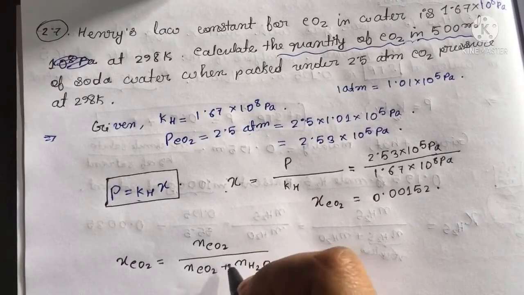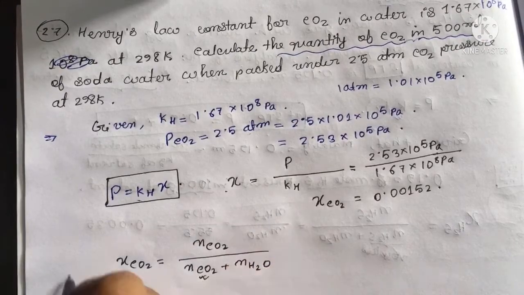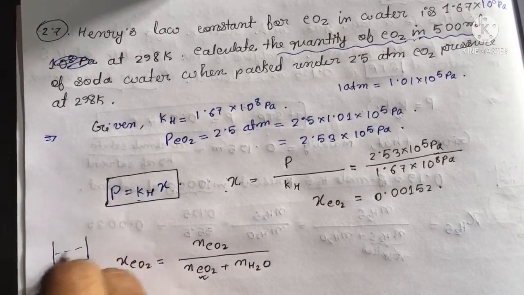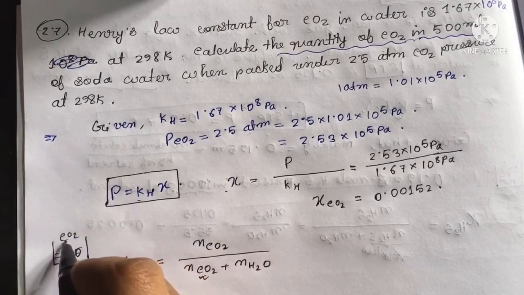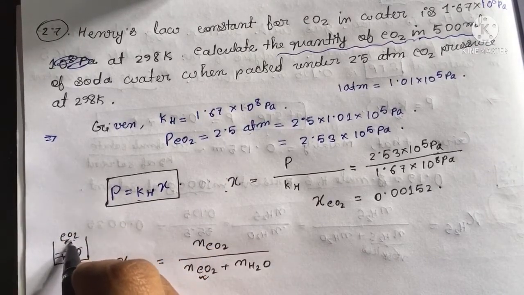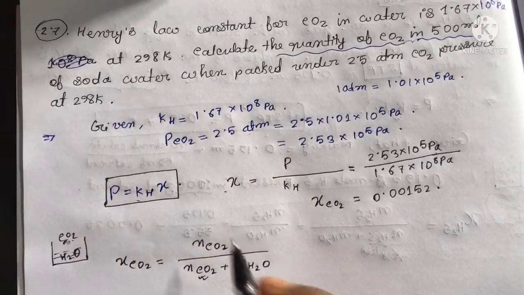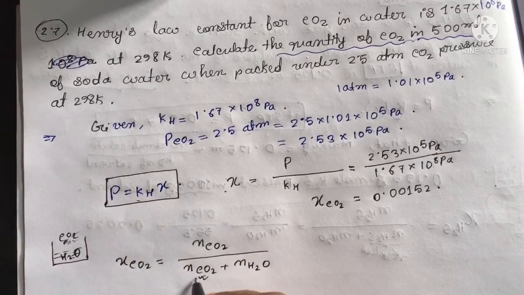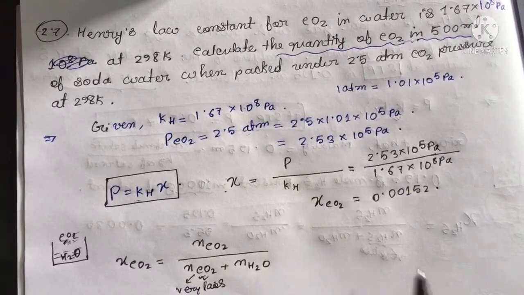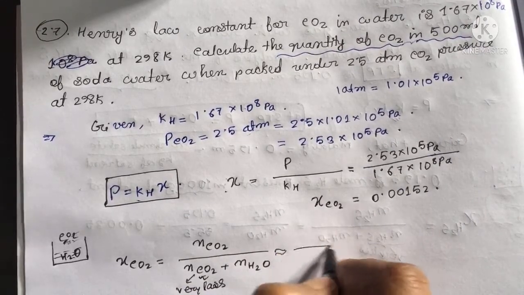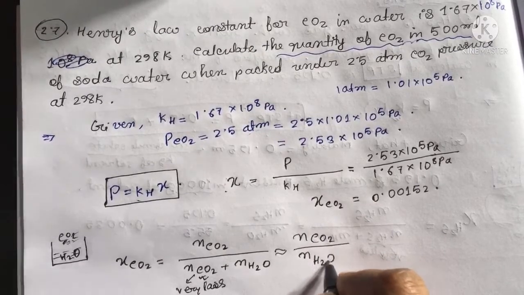If we take both, it becomes tough, so we can ignore n CO2 in the denominator, because if we mix CO2 gas in that much water, the moles of CO2 are really very less than the moles of water. So we ignore it, and we get x CO2 around n CO2 divided by n H2O.